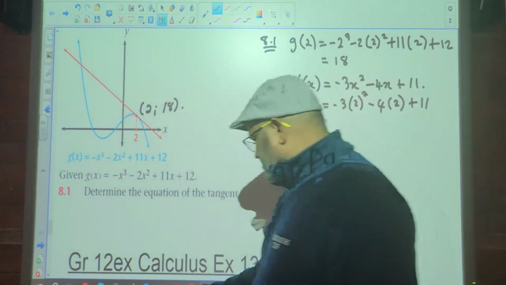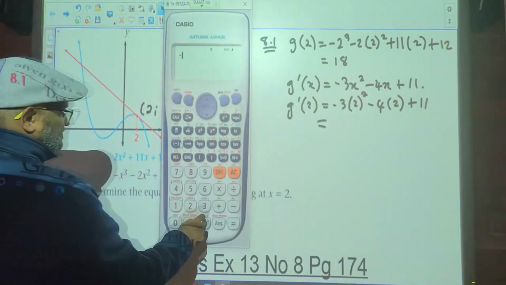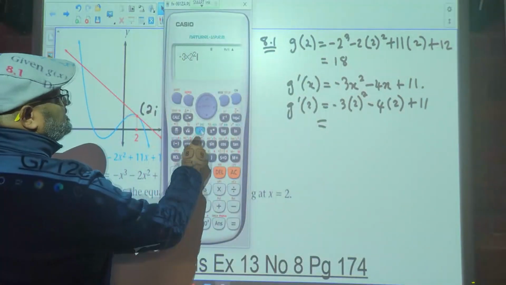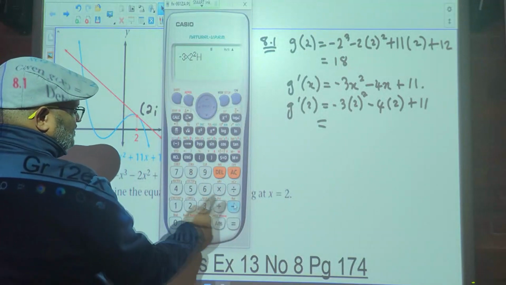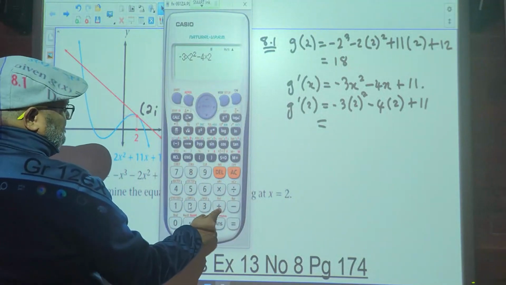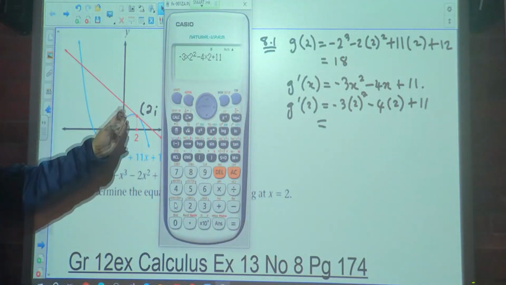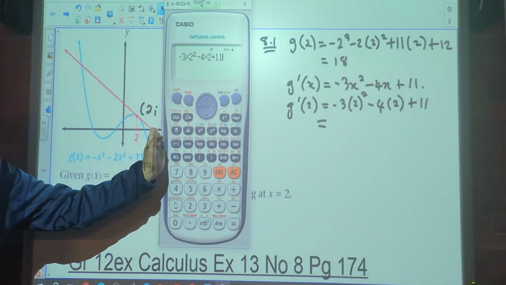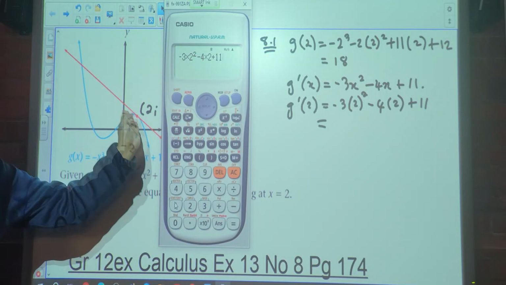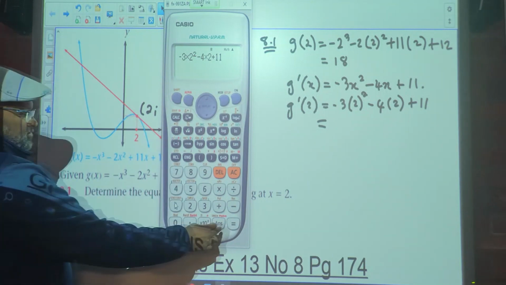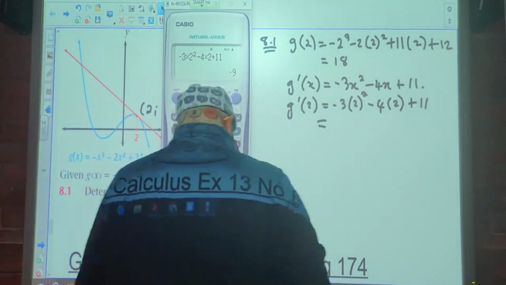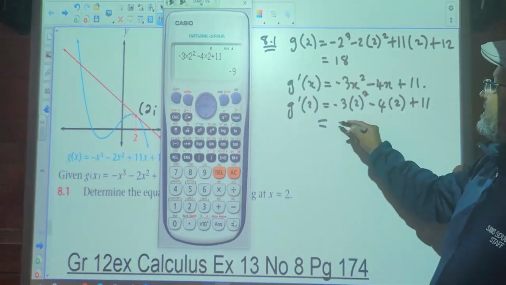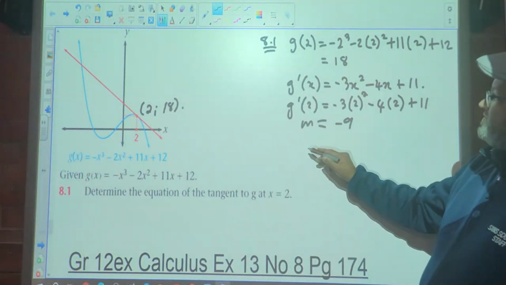So it's going to be negative 3 times 2 squared minus 4 times 2 plus 11. Before I press the equal sign, this gradient has to be positive or negative? Negative, because it is a decreasing function. Yes, it's negative 9, which is the gradient of this curve.